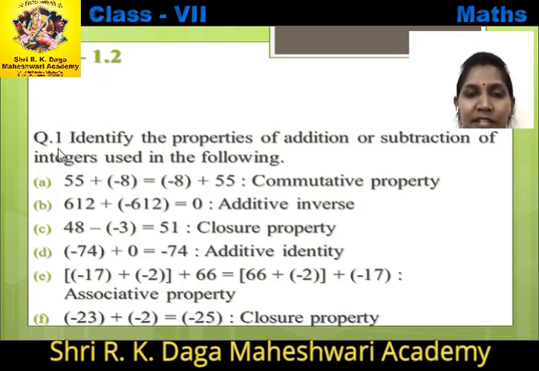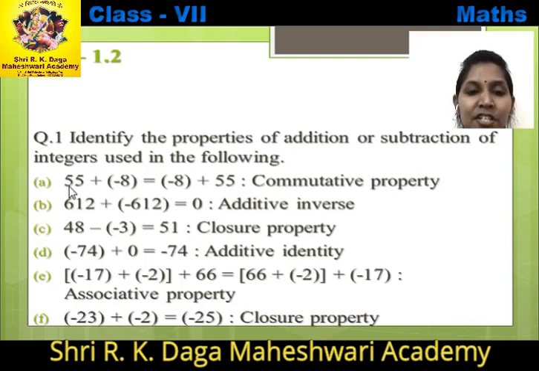Question number 1 of exercise 1.2 is identify the properties of addition or subtraction of integers used in the following. You have given some expression and you have to identify which property is used in this expression.